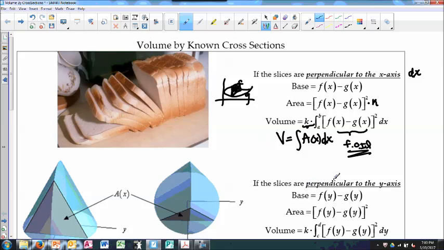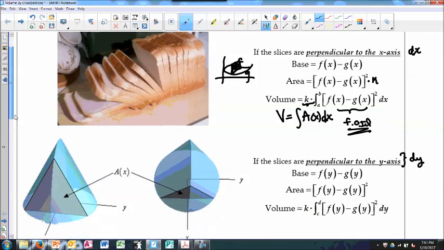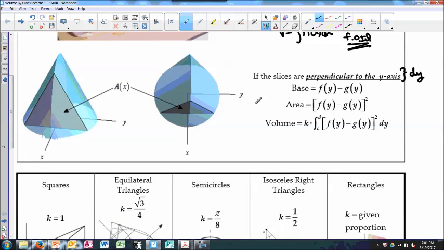If the slices are perpendicular to the y-axis, then it's a dy question. In that case, you'll have a curve that's right and a curve that's left. And perpendicular to the y-axis is going to get us our base length.